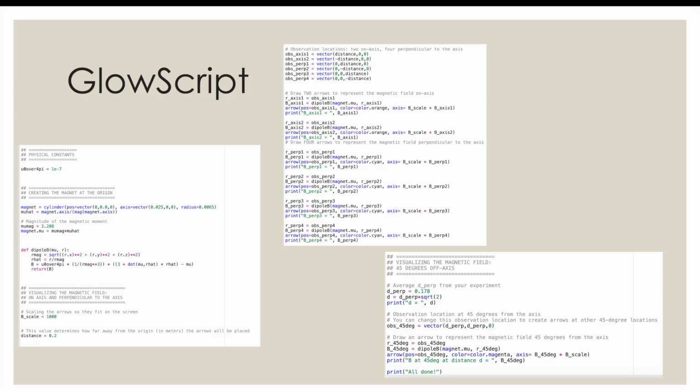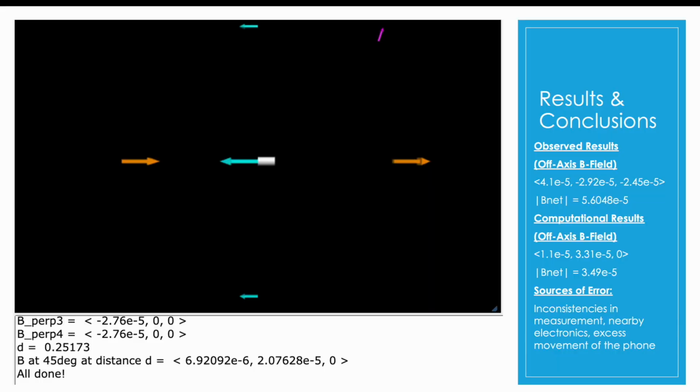So this was the GlowScript code used for this experiment. It was given to us as a starter code, and then we just edited it with our information that we had. And then this is the results that it produced.